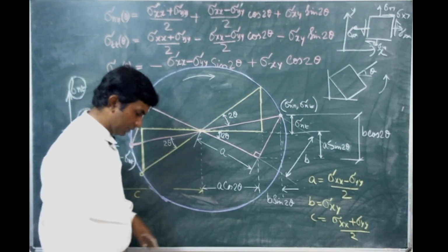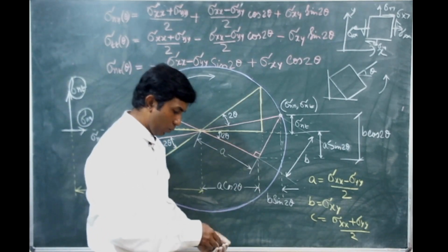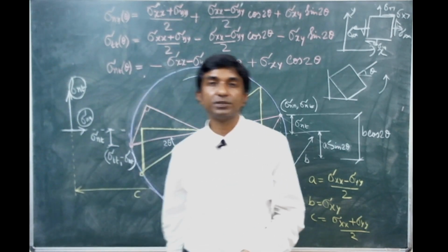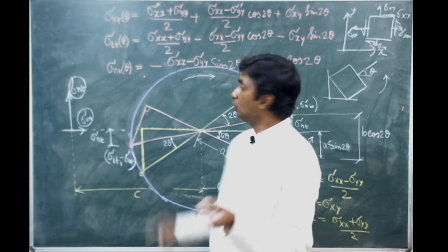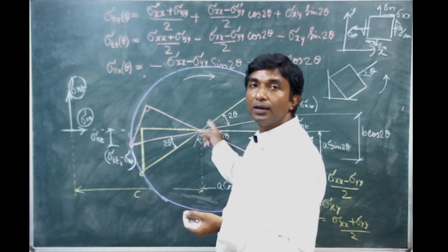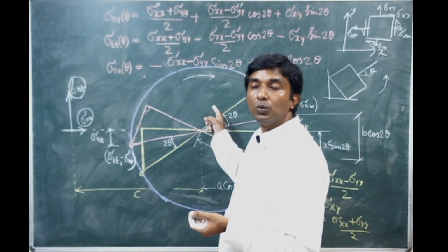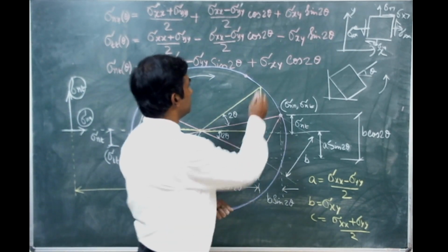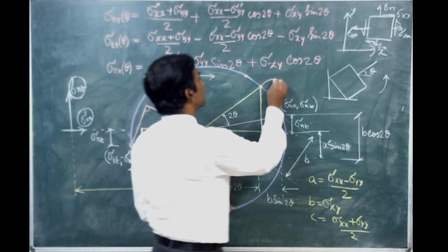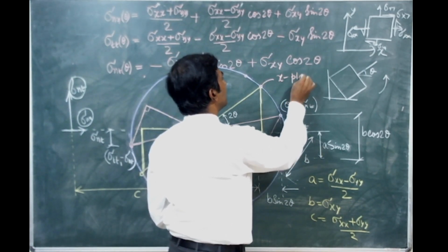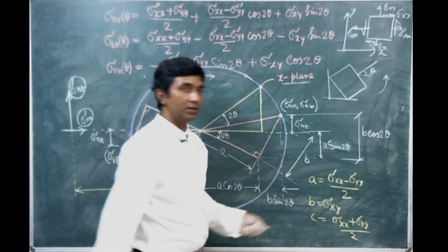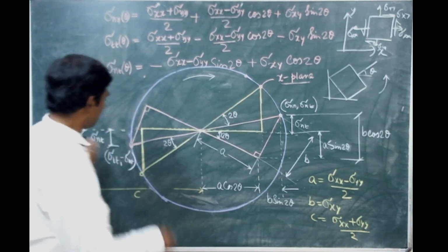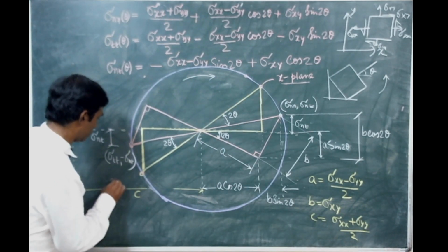Now Mohr circle says that it is a circle where points on the periphery of that circle represent the state of stress acting on a plane which makes the angle theta with the small x-axis. For example, this is the point which refers to the x-plane. That means it is making 0 angle with respect to the small x-axis, and here it is the small y-plane.